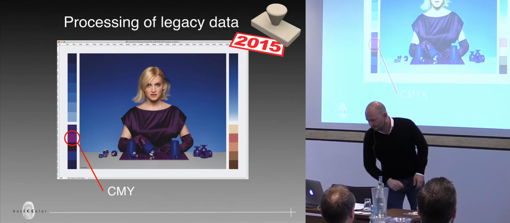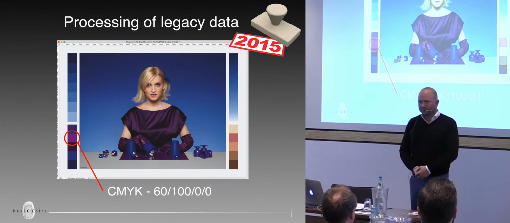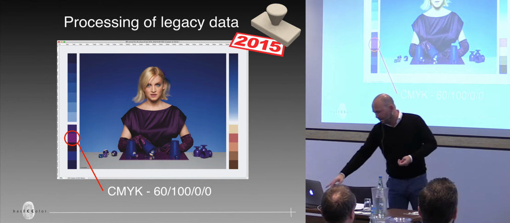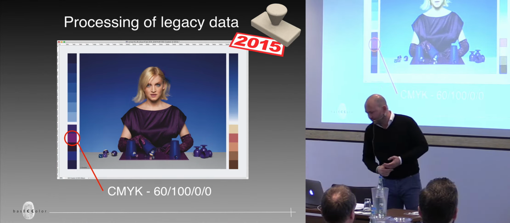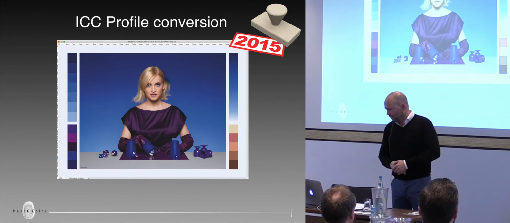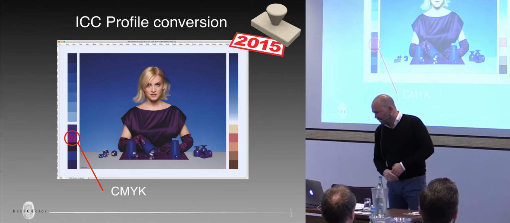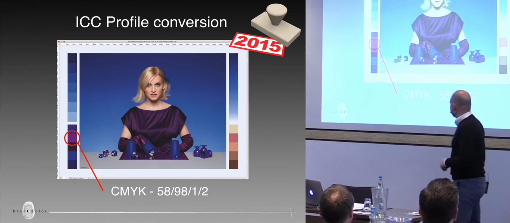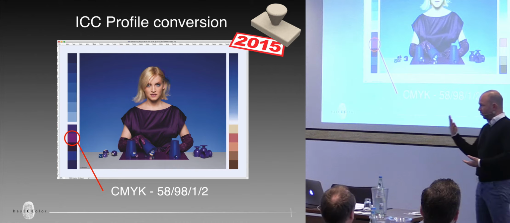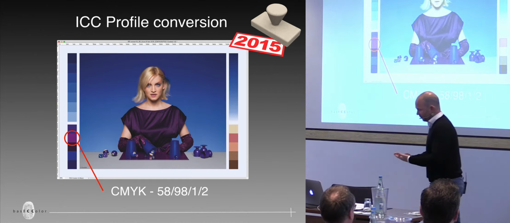If I'm now doing a color transformation with an ICC profile, what happens? 60% cyan, 100% magenta turns out to be 58% cyan, 98% magenta, 1% yellow, and 2% black. So I have all 4 plates with a definition.